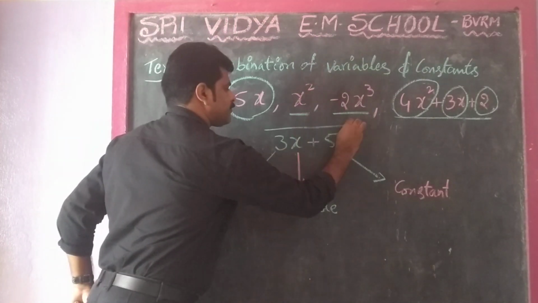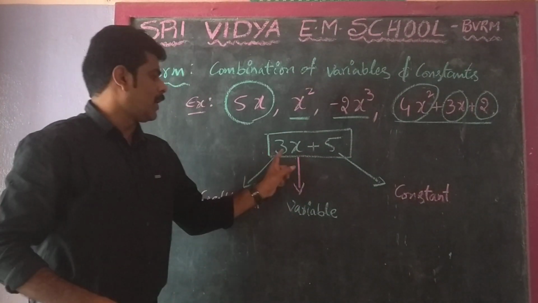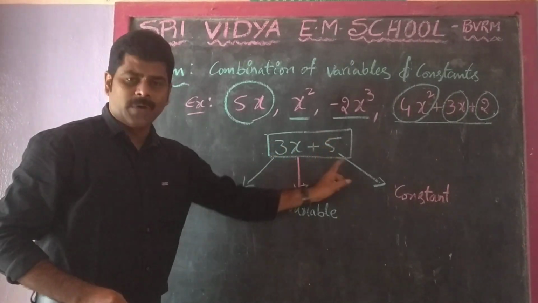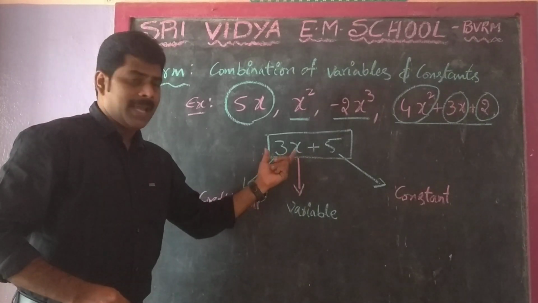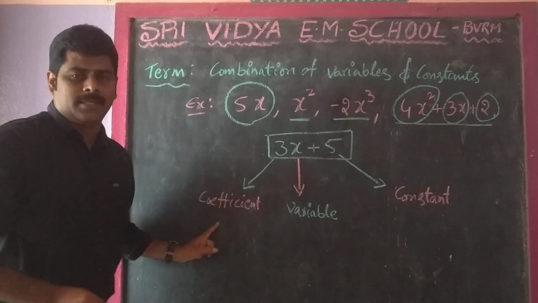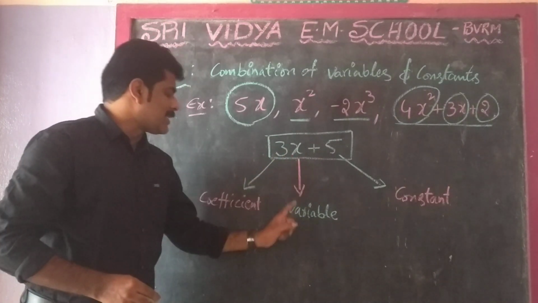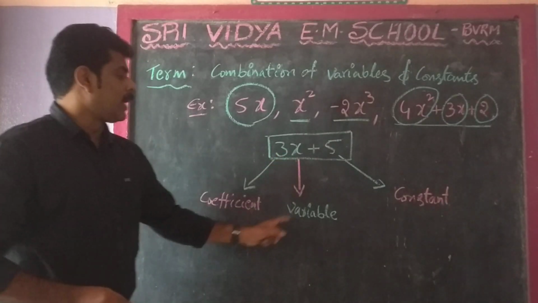Look at another example. 3x plus 5. It is an expression. In this 3x, 3 is called the coefficient, and x is called the variable.